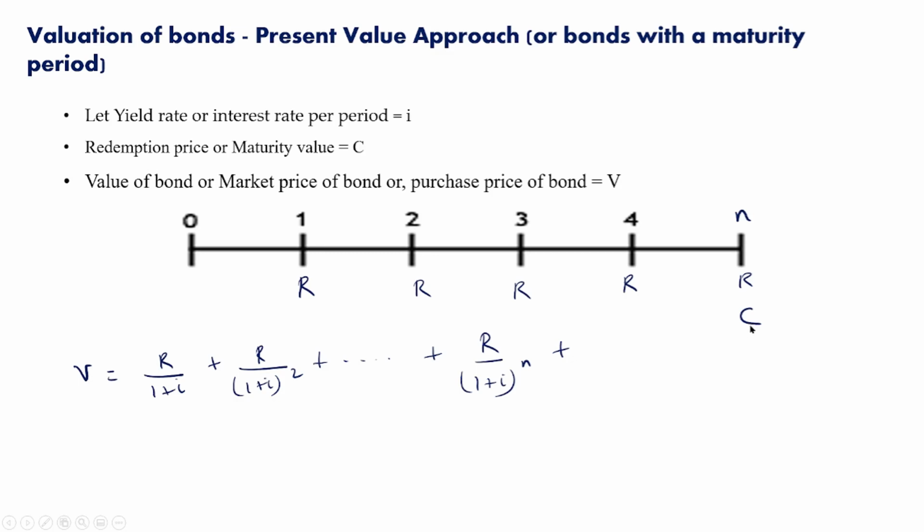Now this cash flow occurs on the maturity date. So the present value will be C by 1 plus I the whole raised to n. Using the present value formula, cash flow upon 1 plus I the whole raised to n.